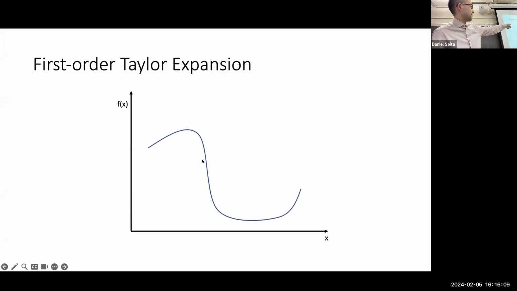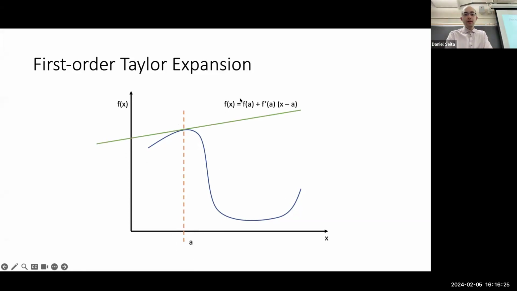So this is some weird shaped function. If you consider some point A, then you can make a dashed line to see what the function value is at A. The Taylor expansion is a linear function that is tangent to the original function at this point, because it has the same slope, so you can imagine the function expanding out linearly.